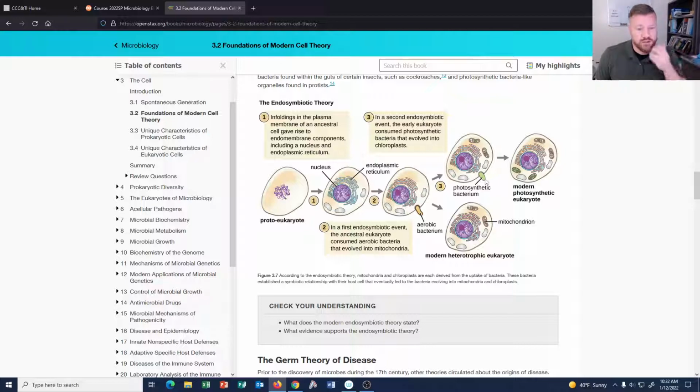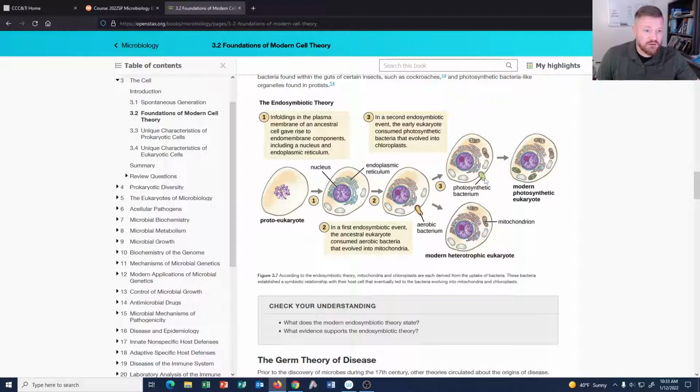The membranes look very much like bacterial cell membranes. And the more we study that, it looks like it used to be its own microorganism that was engulfed by another cell, and instead of being broken down and used as food, it was held on to and used to make energy for the cell.